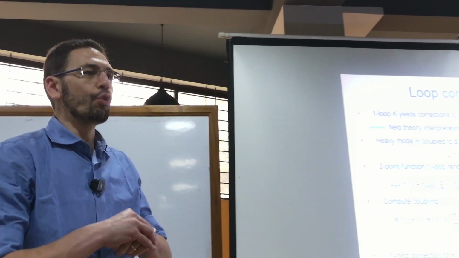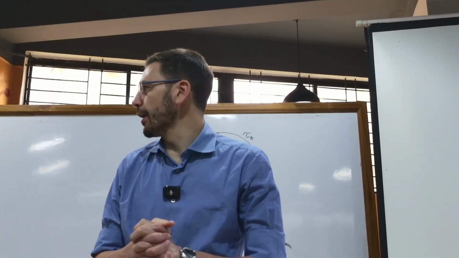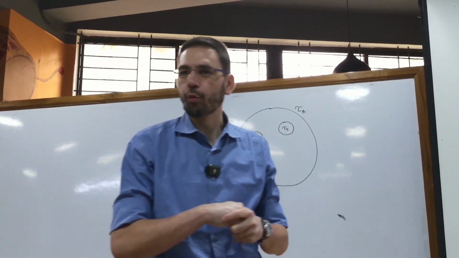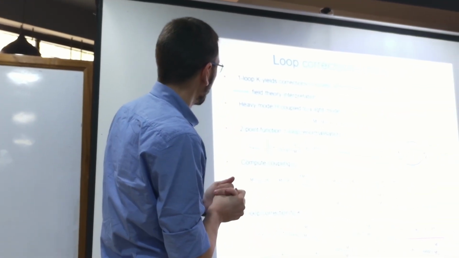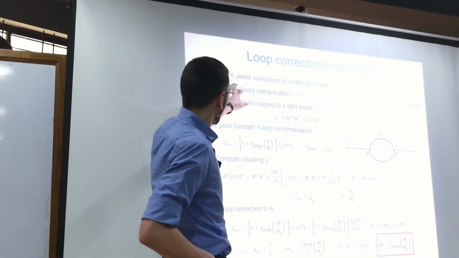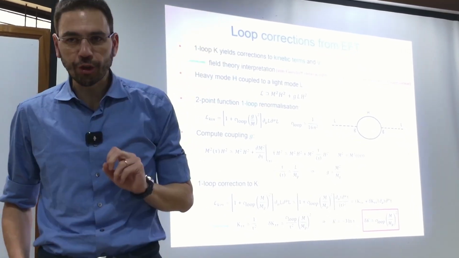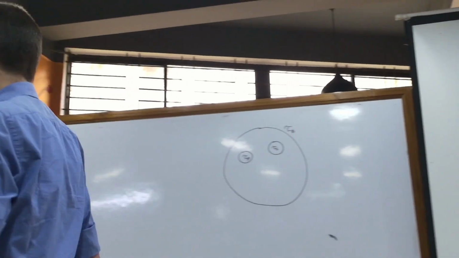So now let me give you an effective field theory interpretation you might be more familiar with for these loop corrections. Basically, these are corrections to the Kähler potential, and we've seen that the Kähler potential gives the kinetic terms.